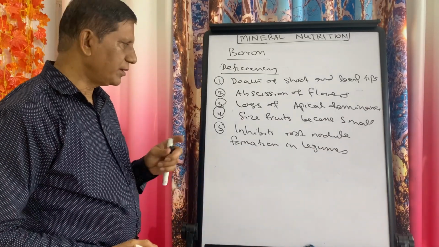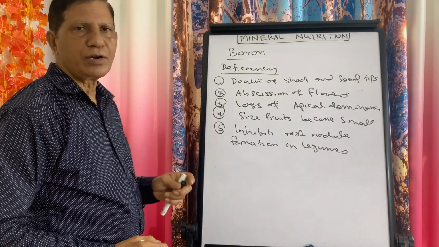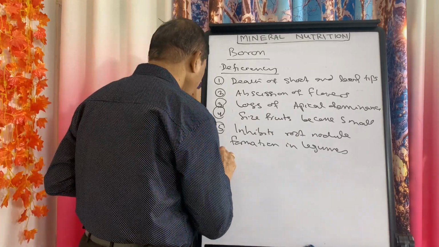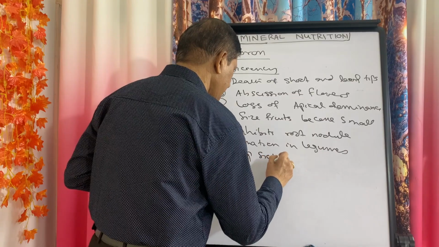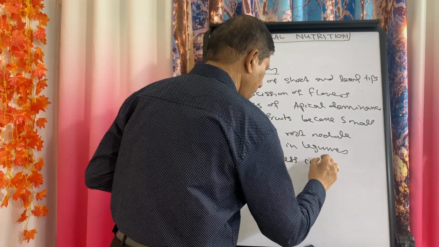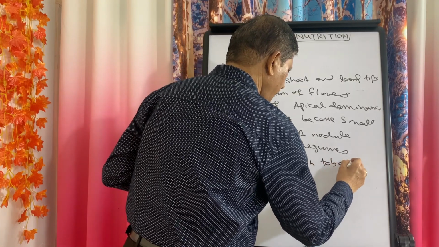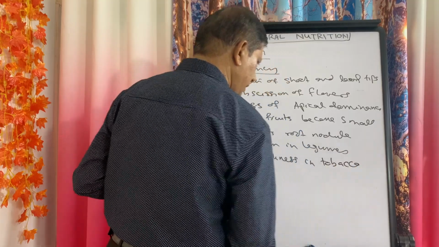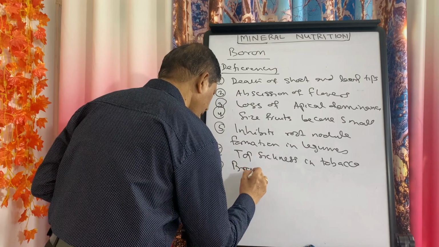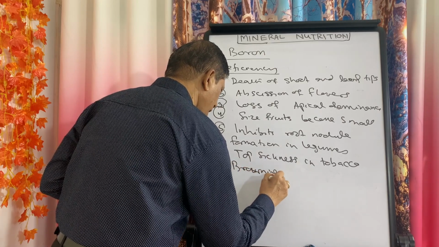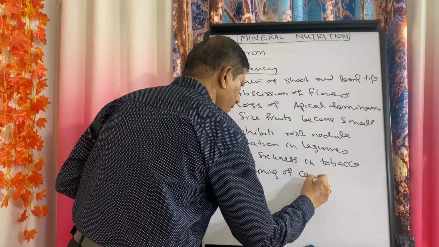Side by side, deficiency of boron also causes diseases like top sickness in tobacco. Then there will be browning of cauliflower.